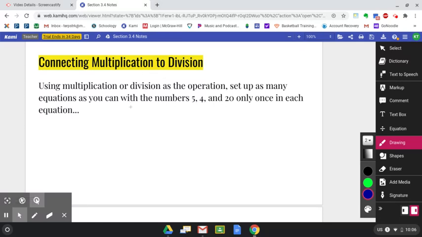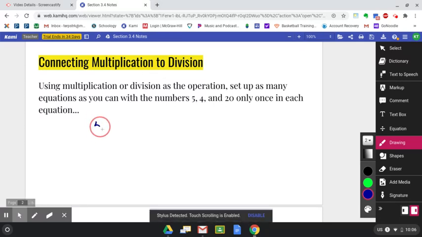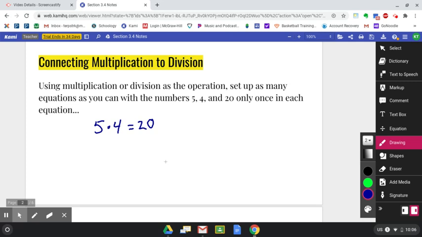All right, so let's list them, right? So we know that 5 times 4 equals 20. We know 4 times 5 equals 20. 20 divided by 4 equals 5.